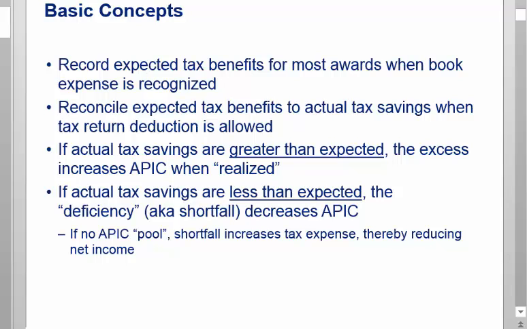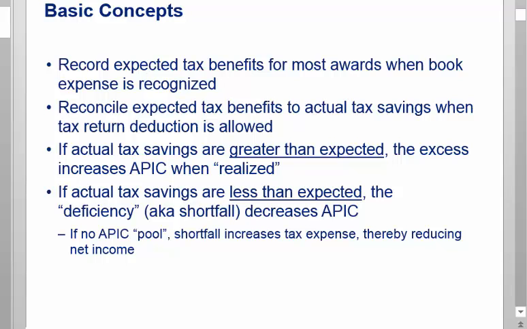So the first bullet would say, I've got to figure out what kind of award that is, and do I anticipate a tax benefit or a tax deduction at some point? If I do expect a tax benefit because it's either a non-qualified option or a restricted stock award or an RSU, then I would treat that book expense as a temporary item.